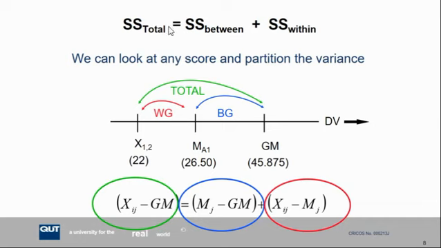So our SS total is made up of what's due to our effect and random error. So this person's score is not the same as the grand mean because some of the variance is due to the group that they are in, and some of the variance is due to the fact of individual differences around their group mean regardless.